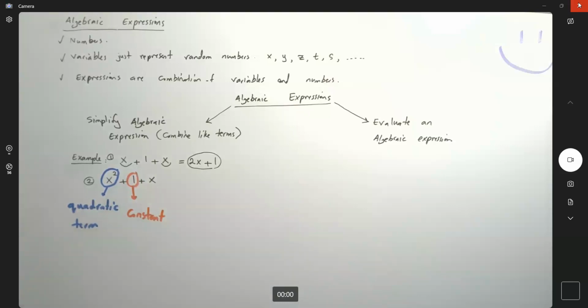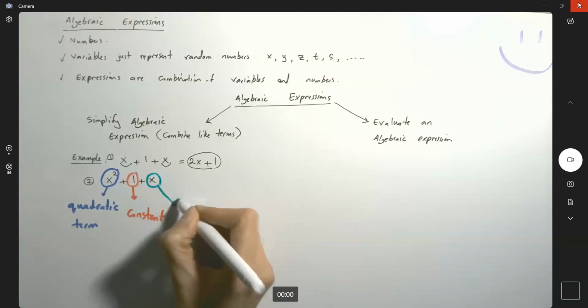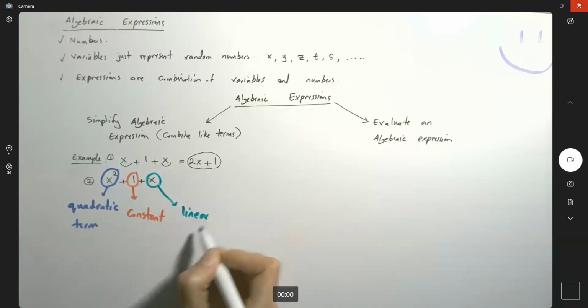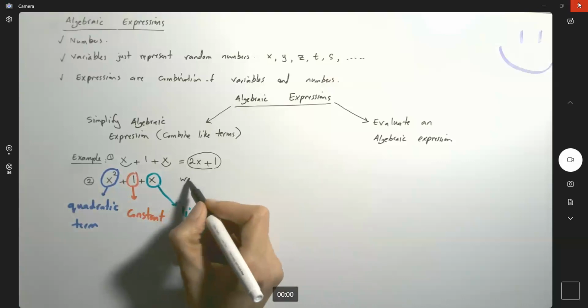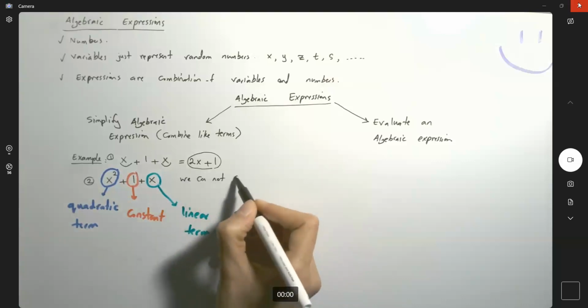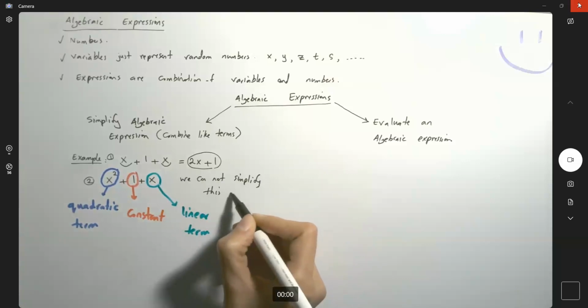And this here is x, which is just a linear term. Am I allowed to combine these? There is no way you can combine these. So what are you going to do? You're going to say that we cannot simplify this expression.